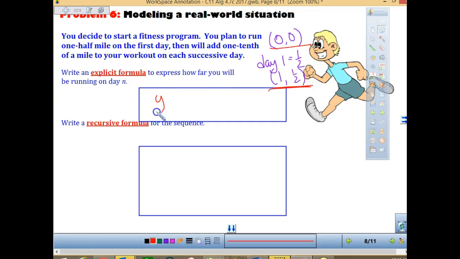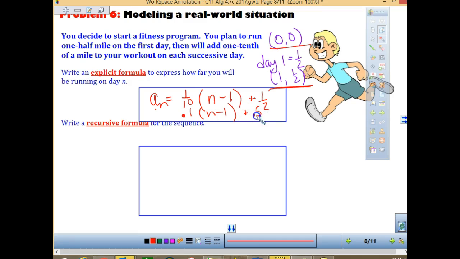So, y equals, how's it changing, Liz? 1/10. I don't care if you use 1/10 or 0.1, right? Times, and then keep going. What am I going to have? n minus 1. Yep. Plus 0.5 or plus a half. So you could have had decimals for this: 0.1 and n minus 1.